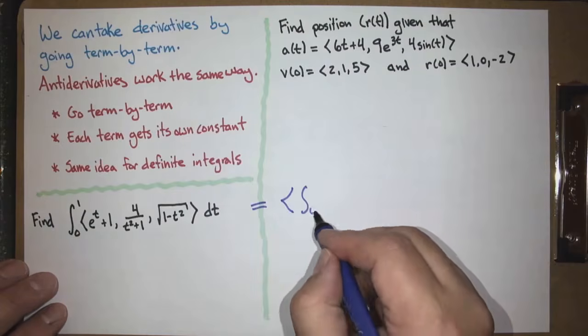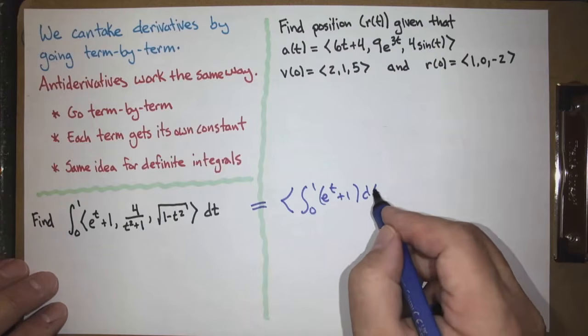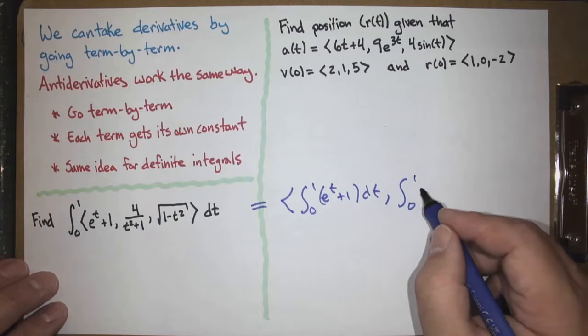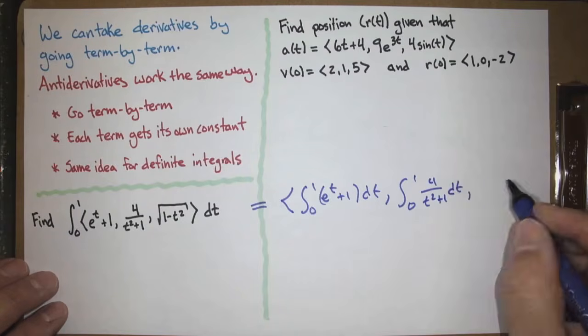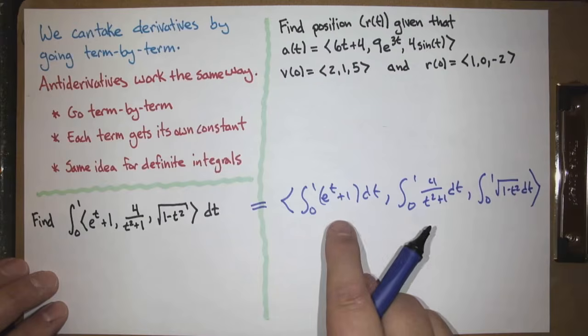It says, hey, just integrate each piece. So we're going to integrate the first slot. We'll integrate the second slot. And then we will integrate the third slot. Okay. Does anyone recognize this antiderivative, or how to integrate this?